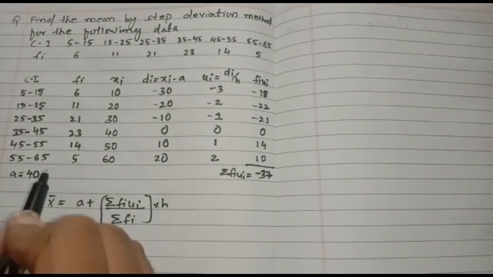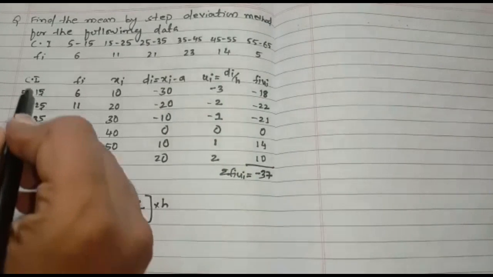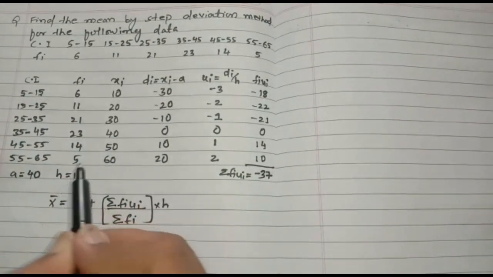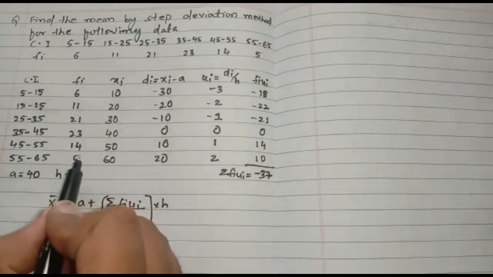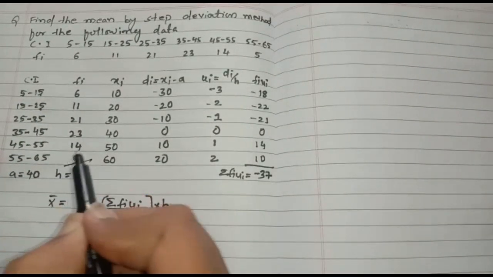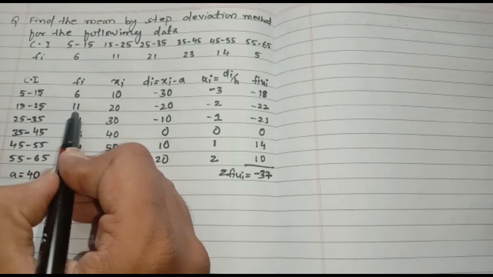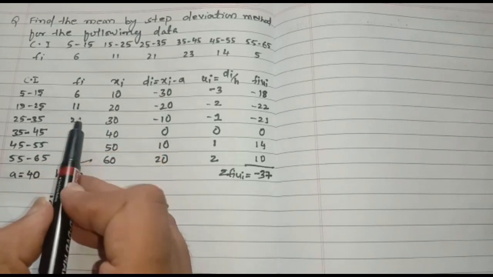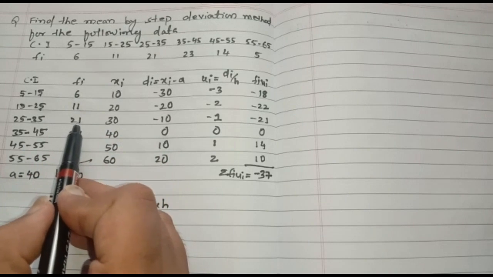Then we need sum of fi also. H we know. H is difference between the upper limit and lower limit, that is 10. Sum of fi we have to find out. 6 plus 11 is 17. 17 plus 21 is 38.